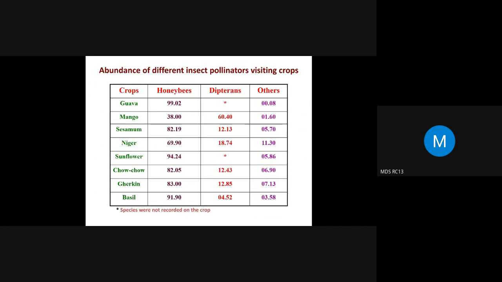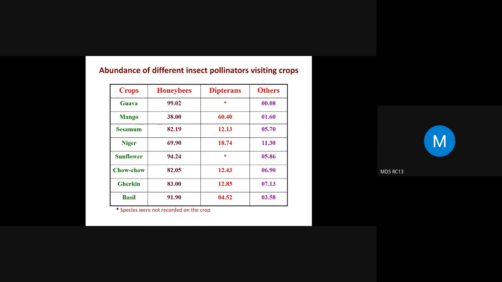Dipterans visibly have only 2 wings, and the other 2 wings are concealed inside. The hind wings are concealed. Those are considered dipterans. And among the others, it includes the coleopterans, that is, beetles, weevils, all these kinds of insects.